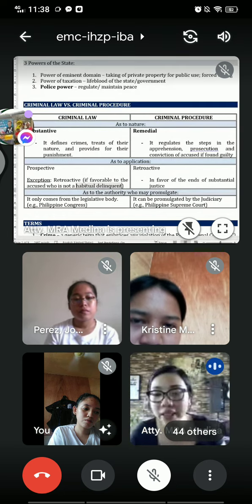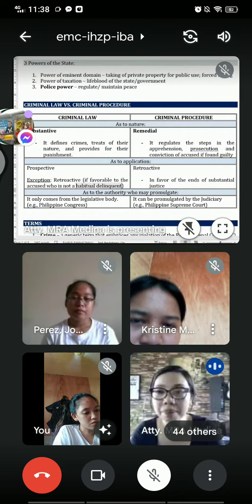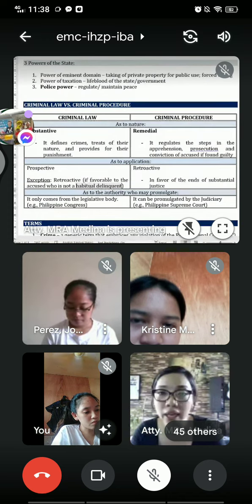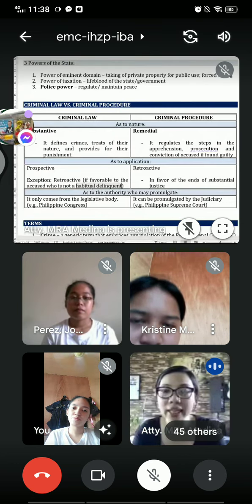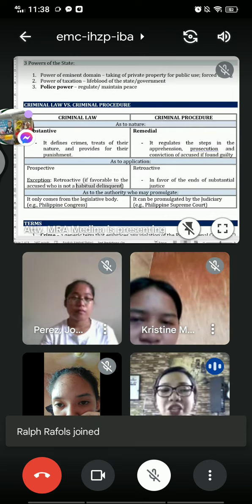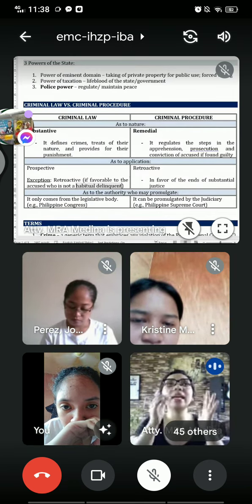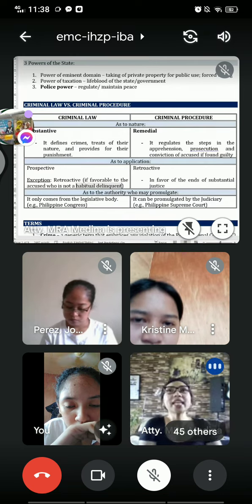These are the steps in court, in filing or commencing the preliminary investigation. That is criminal procedure.